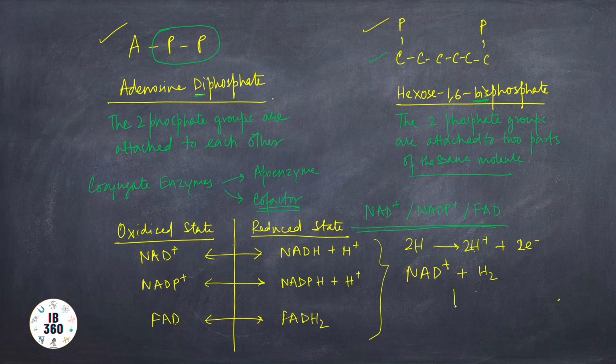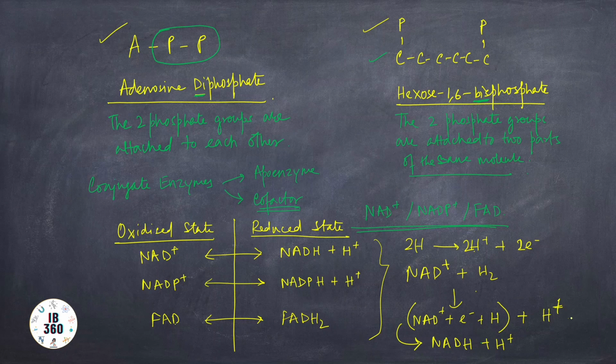So basically it will be NAD+ plus an electron plus H, and the other will simply be H+. That will give us NADH and H+.